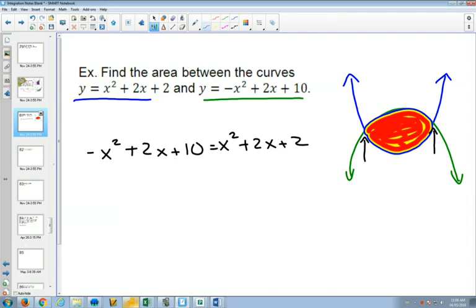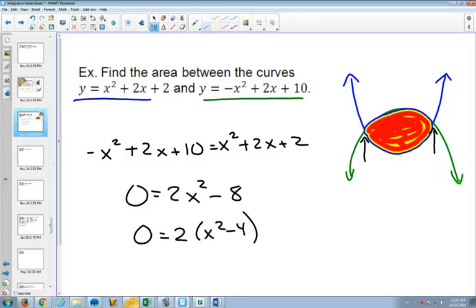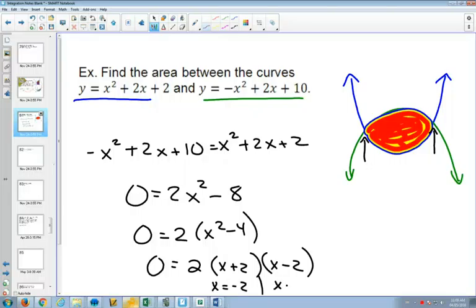If I move everything over to one side, you get 2x squared, the 2x's will cancel out, minus 8, factor this, so we get that this happens when x is equal to -2 and when x is equal to 2.